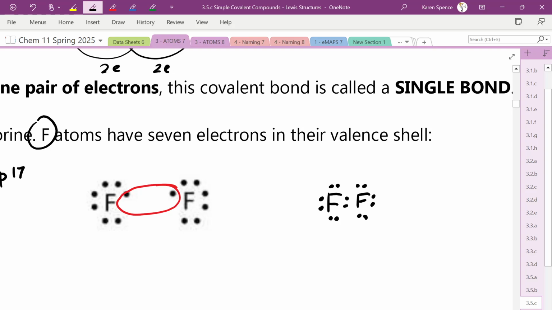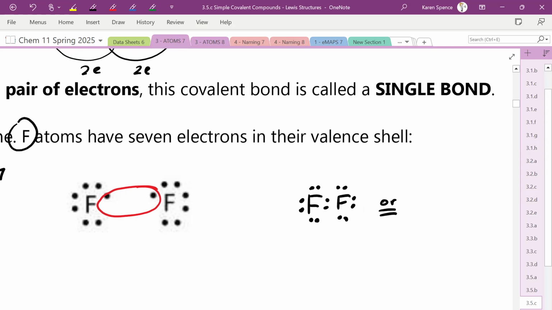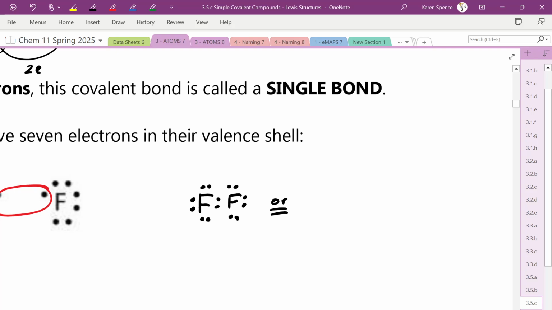That would be method number 1. Circle. We're not actually going to circle anything. Circling is just for you to imagine counting the electrons around each of them. Okay, so the circle is not part of the Lewis structure.